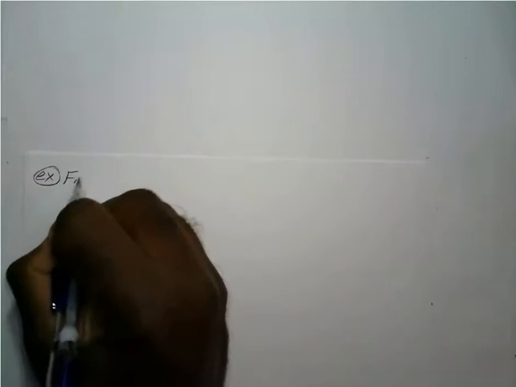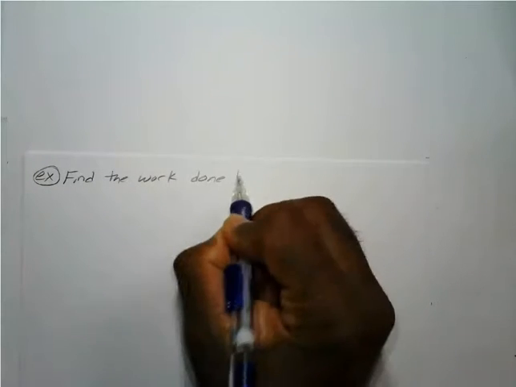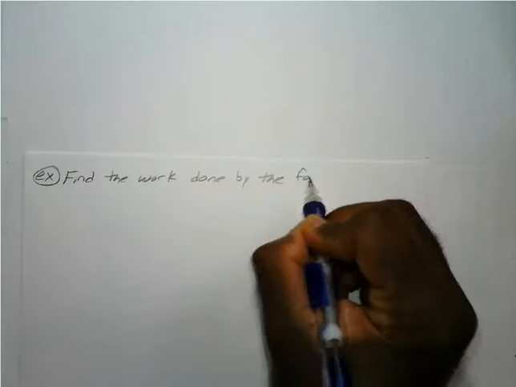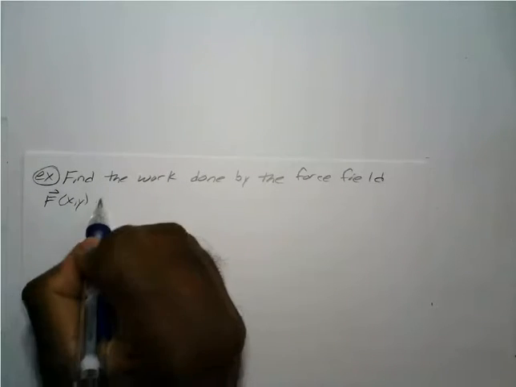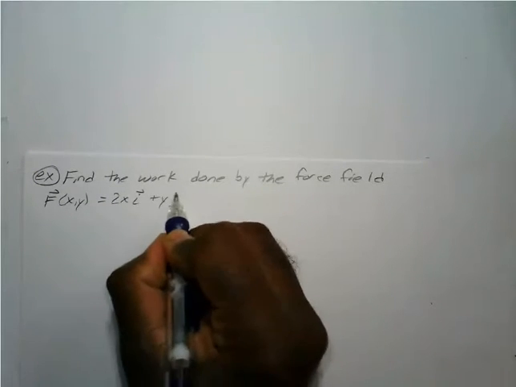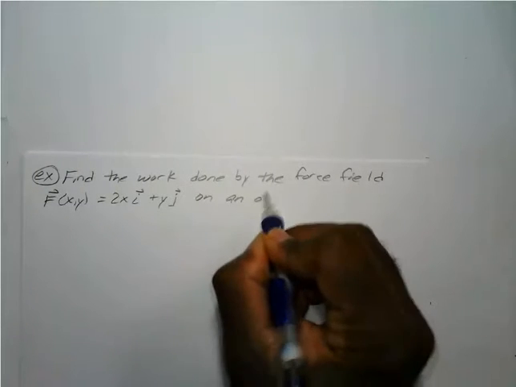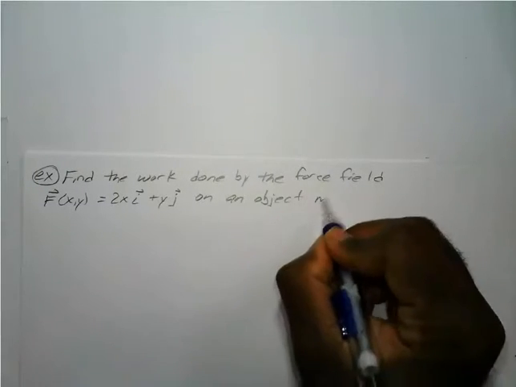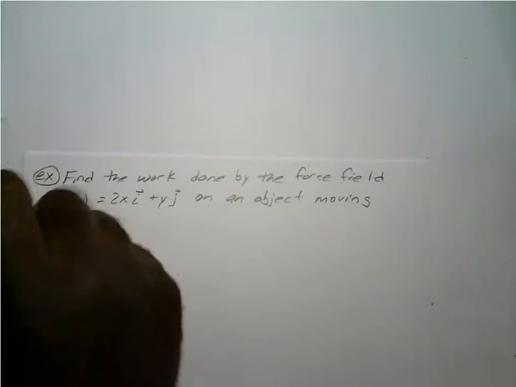Okay, so let's say, for example, we want to find the work done by the force field f of x, y is equal to 2x times the i unit vector plus y times the j unit vector on an object moving counterclockwise along a path C.